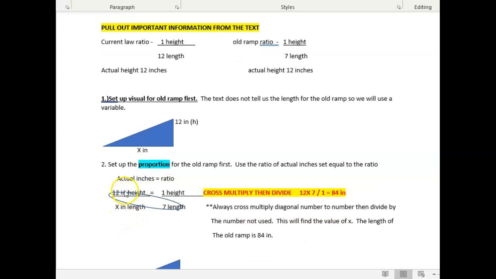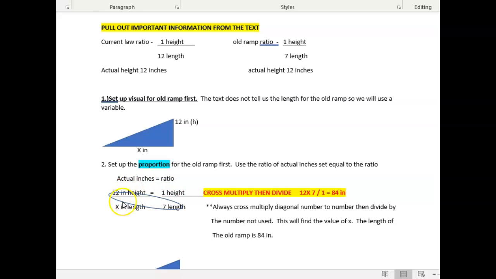So, I now have created an actual, and I could have flipped this and I should have, and I only say that because I always like to put, and this is only personal preference, it's not mandatory, my ratios on the left side and my actual on the right side.